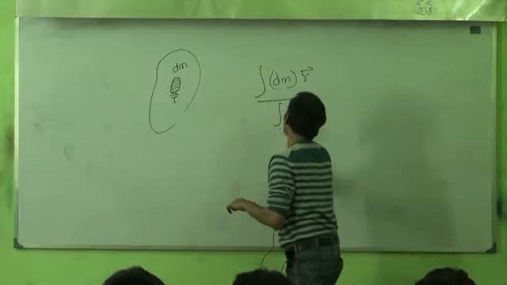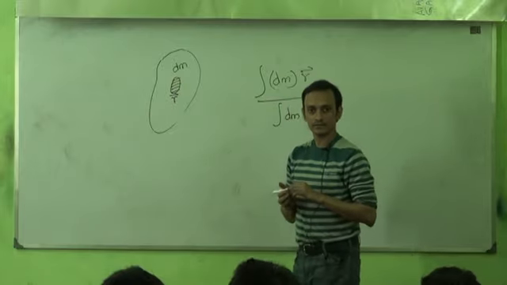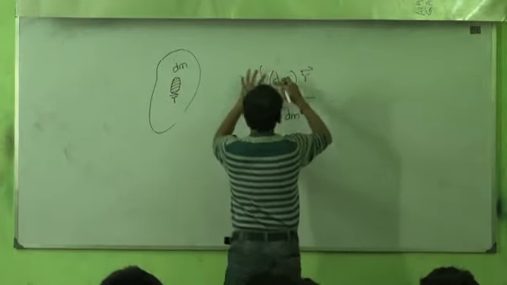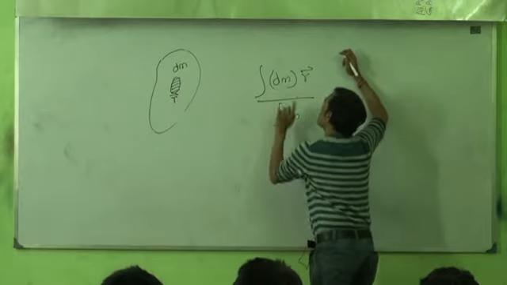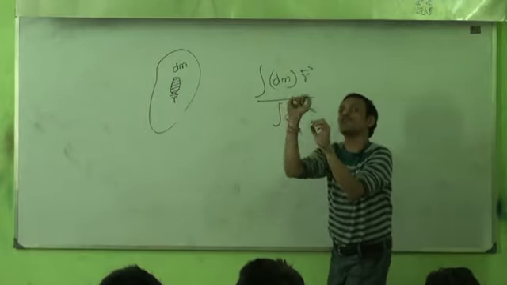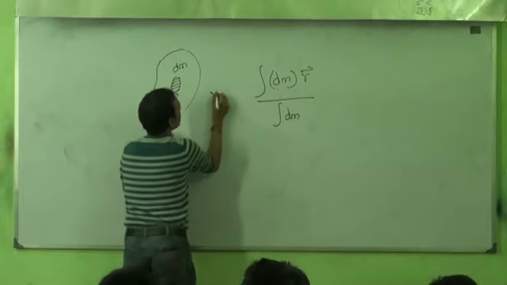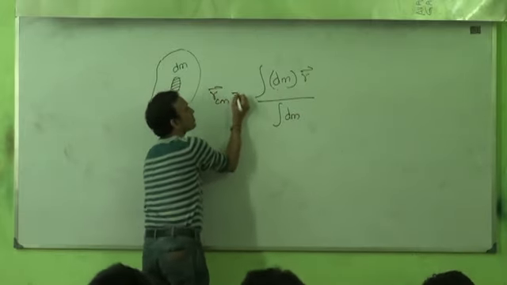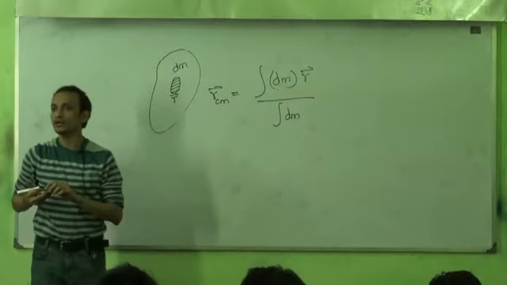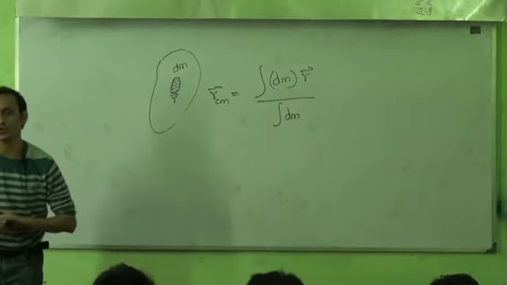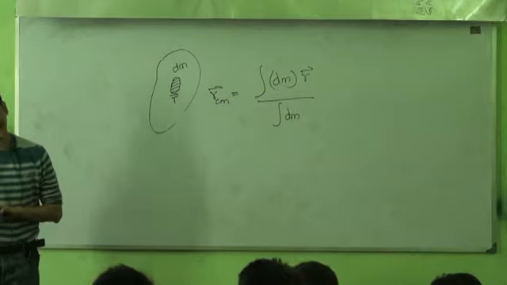Total mass would be the sum of all the dm's. Now if this integration is carried out with suitable limits, so as to incorporate every dm constituting this region, then I'll get the position vector of the center of mass of this region. Yes or no? Right?